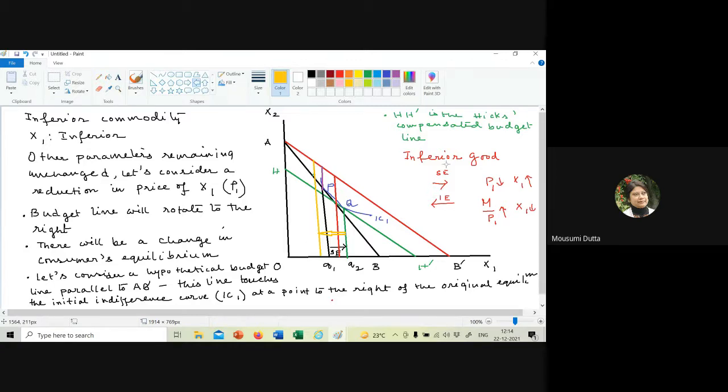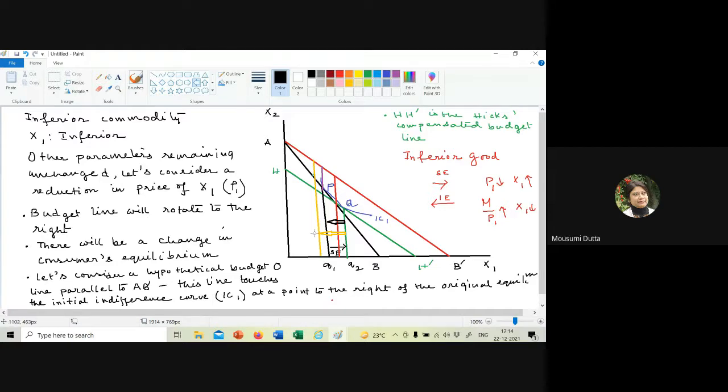So in the case of an inferior good, there are three possibilities. The opposite income effect is less strong than the substitution effect. The opposite income effect is exactly equal to the substitution effect. For example, if I consider this case, the opposite income effect is exactly equal to the substitution effect.